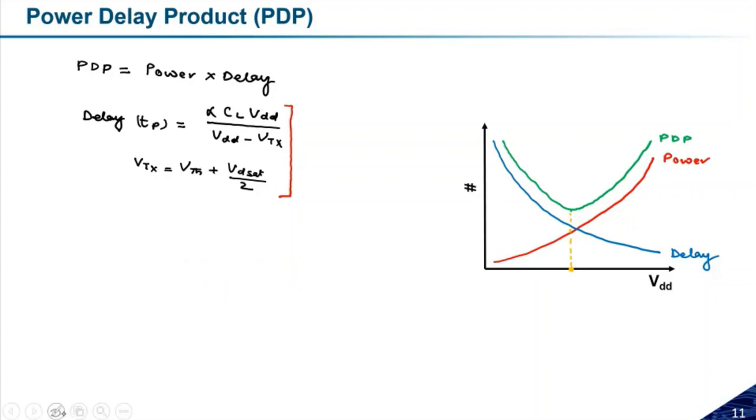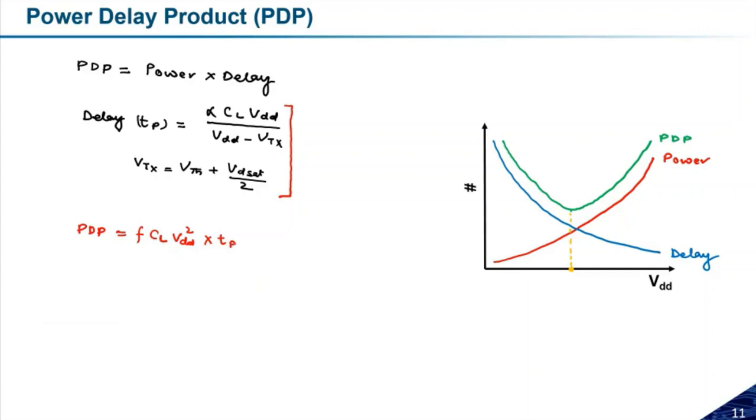Like if I want to calculate the power delay product for the dynamic logic circuits, like dynamic power I'm considering, in that case the PDP can be calculated as f CL VDD square into TP.